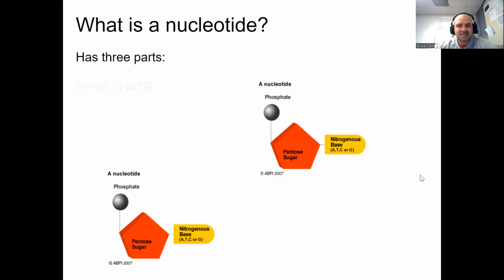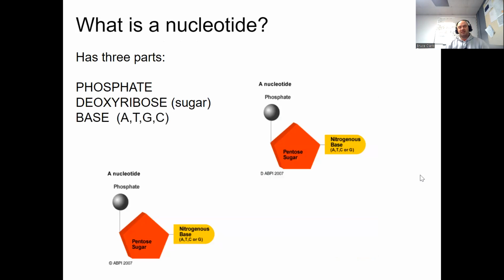So those nucleotides have three parts. It has a phosphate, represented by this little gray sphere. It has a deoxyribose, which is also a type of sugar. Anything that ends in -ose tends to be a sugar. And then on the end here, sticking out, it has a nitrogenous base.